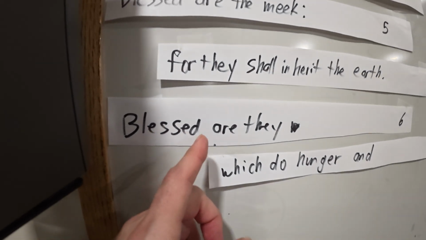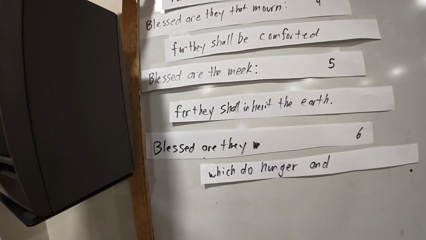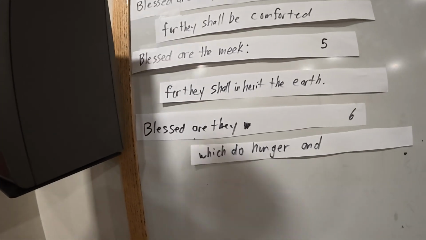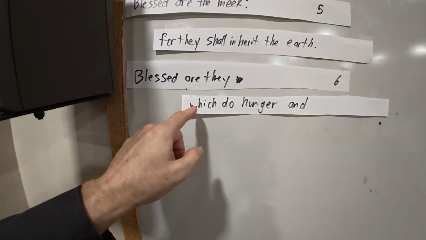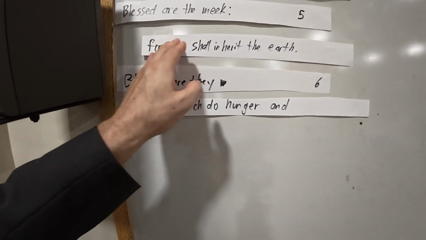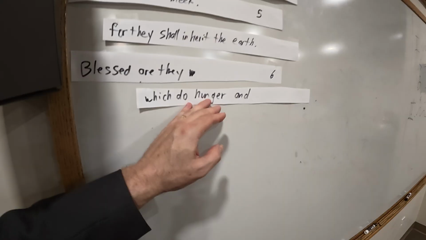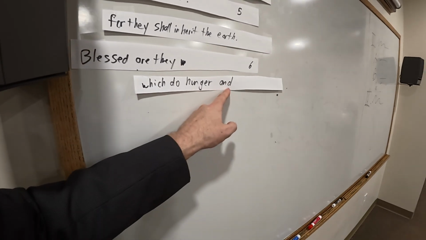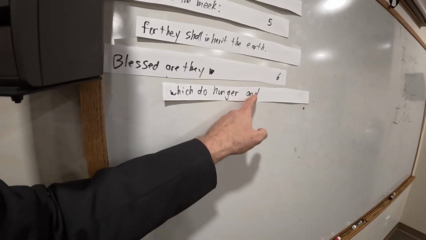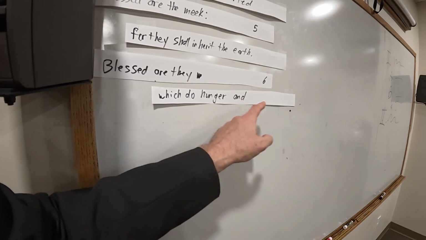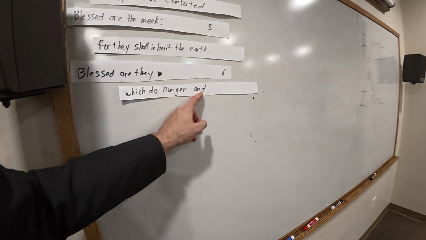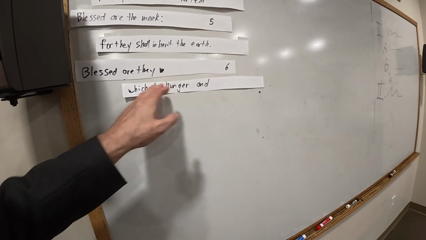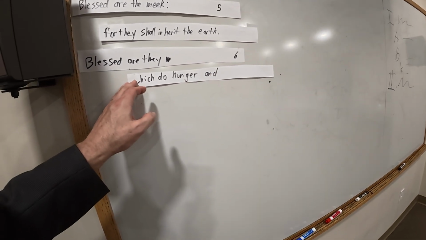So here we have our pattern, blessed are they, and then we have blessed are they, but then it doesn't say for, it has which, so it's a different phrase. Now you also notice I have an and here on the end of the word. The reason for that is because not every sentence starts with an and.